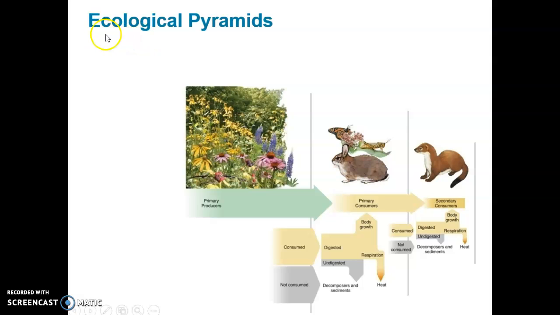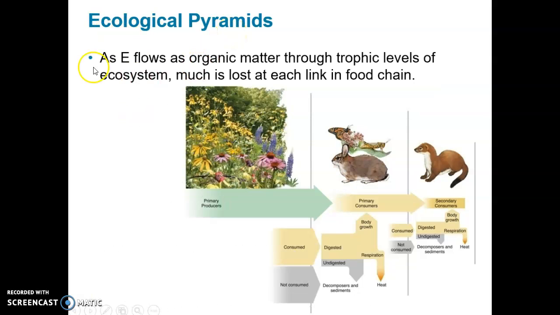So let's talk about ecological pyramids. As energy flows as organic molecules and material, biomass, through different trophic levels, feeding trophic levels of an ecosystem, a lot of that material is lost in each trophic level, each link in the food chain.